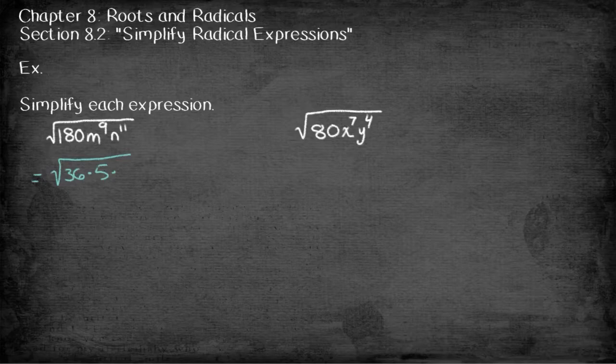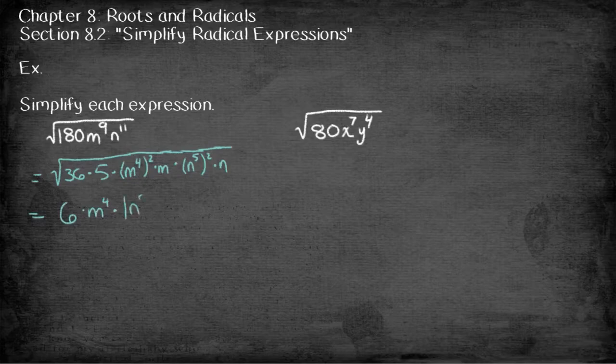So I could just kind of shorten it, say that I have m to the fourth squared times m. That gives me 9. And for n, I would have n to the fifth squared times n. So this is going to look like 6 times m to the fourth times, we need an absolute value around n to the fifth.